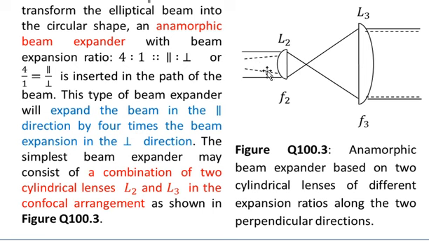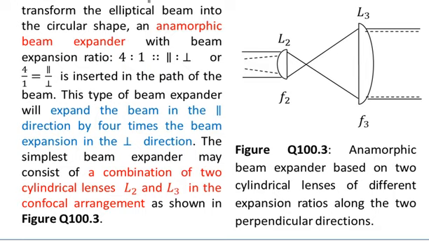One is shown in dotted, which is the horizontal beam, having smaller divergence, or we can say it is a parallel beam. And the other beam, which is shown in solid, is the vertical beam, or we can say that it is the beam perpendicular to the junction. So it will pass through the lens L2, having a focal length f2.